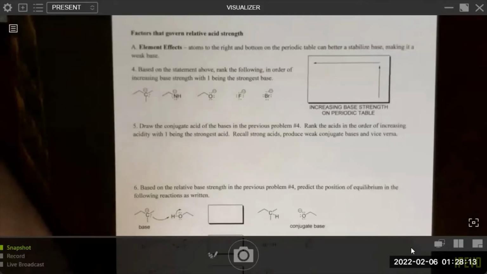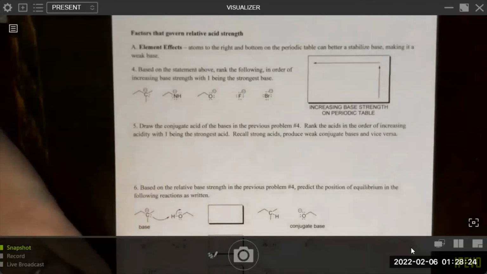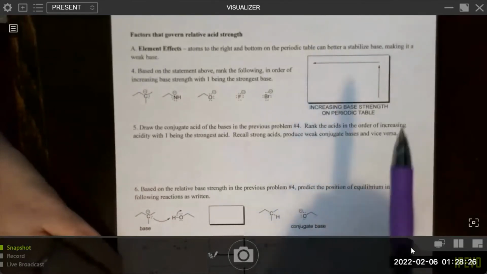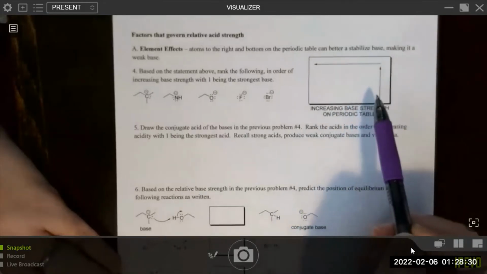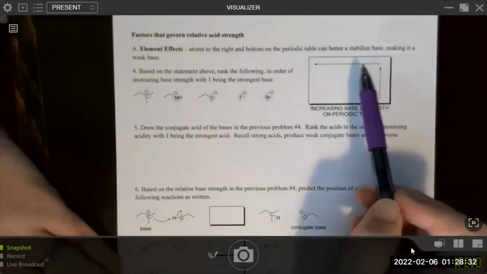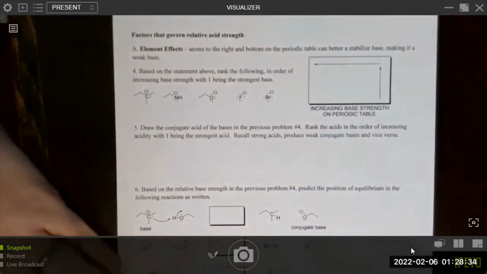And that will help us with one thing that we need to understand about predicting the position of equilibrium in an acid-base reaction. Okay, so this talks about the fact that increasing base strength on the periodic table goes up and to the left, which means that the opposite is also true, right?